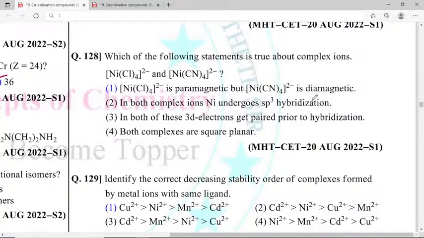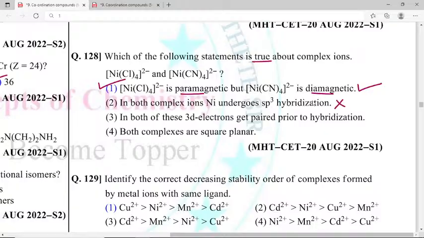Which of the following statements is true about the complex ions NiCl4 2- and Ni(CN)4 2-? Nickel is there. The first is paramagnetic and the second is diamagnetic. Yes, correct. In both complexes nickel undergoes sp3 hybridization.